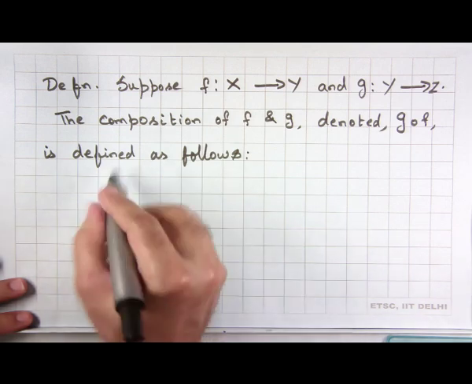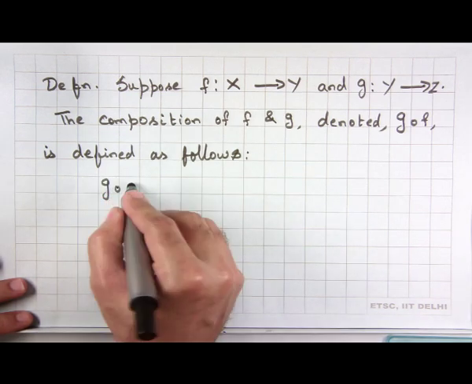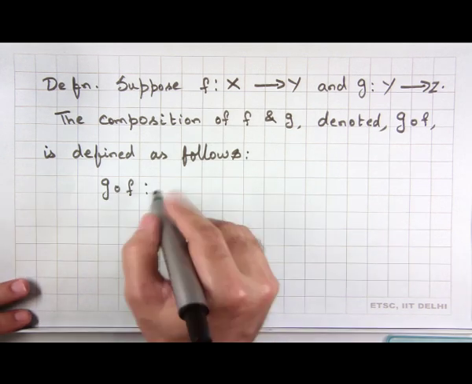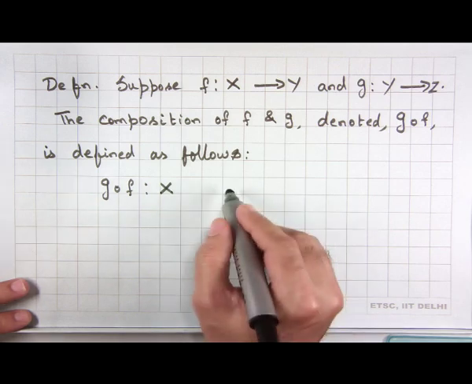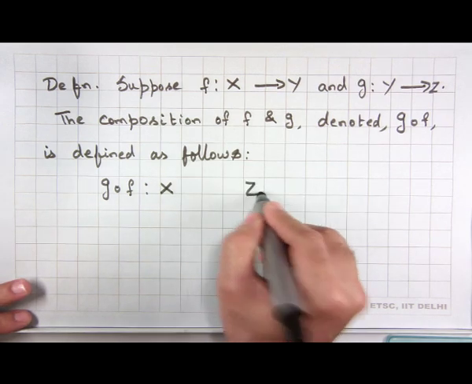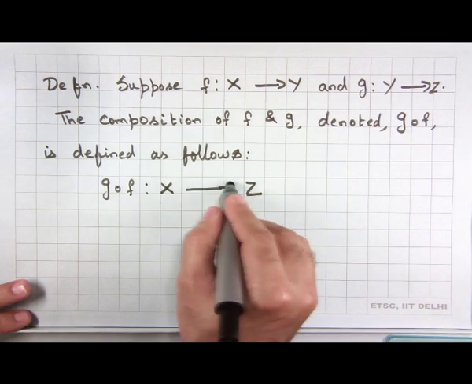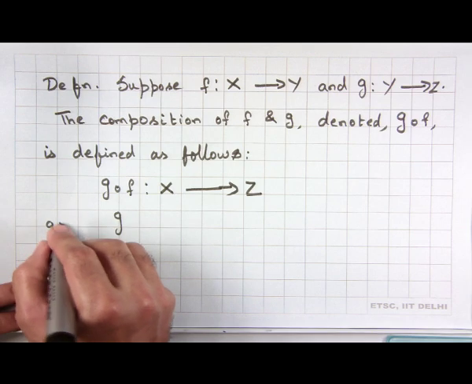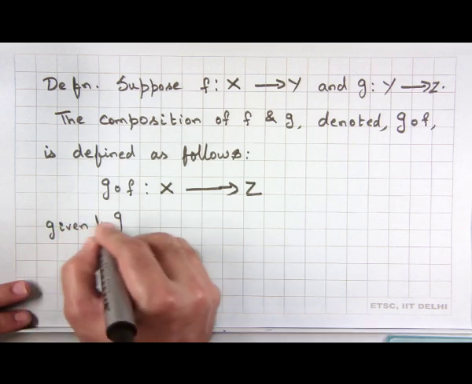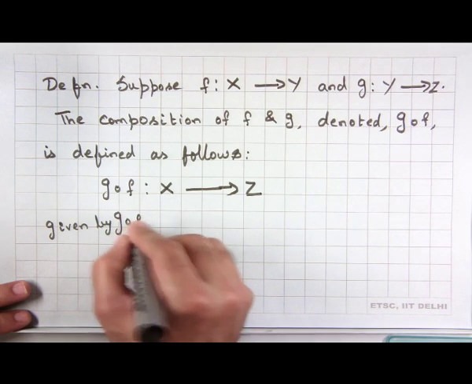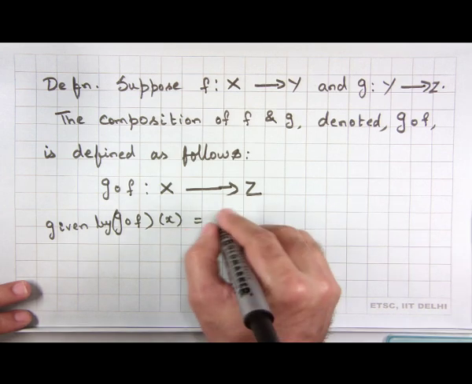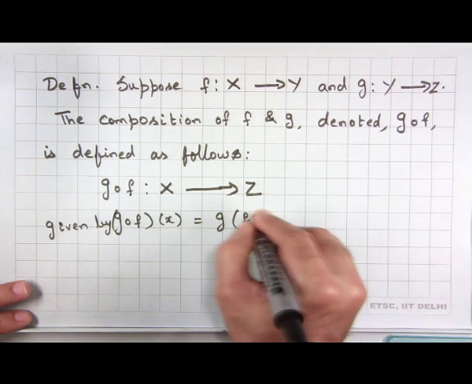We will use the standard notation g composed with f. The domain of this function is going to be x and its codomain is going to be z, given by g composed with f at x equal to g of f x.